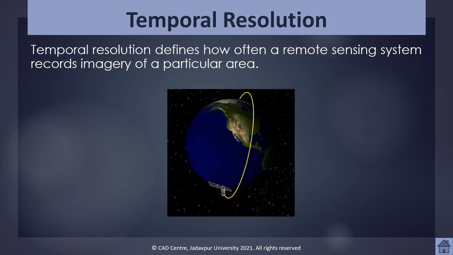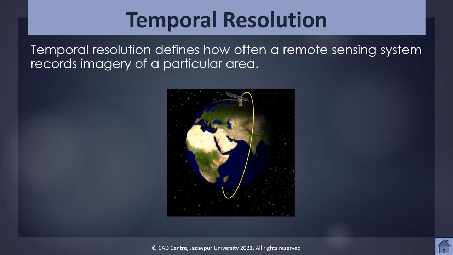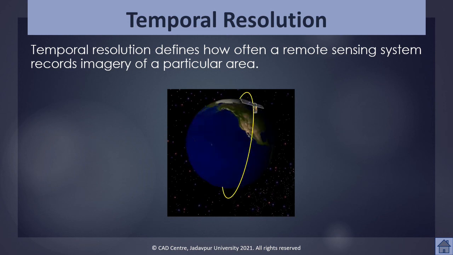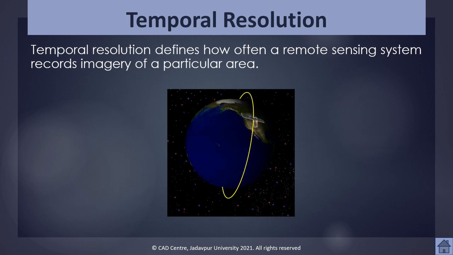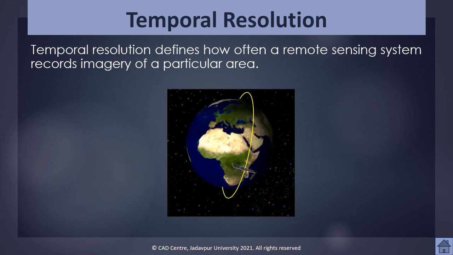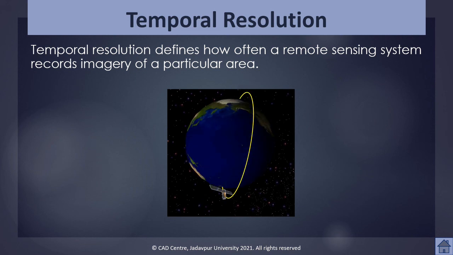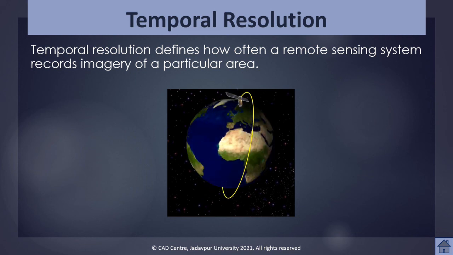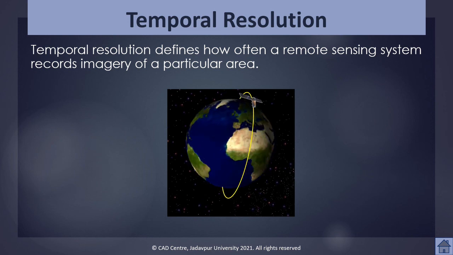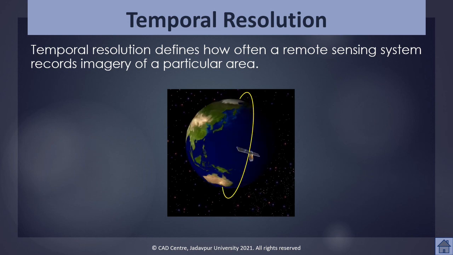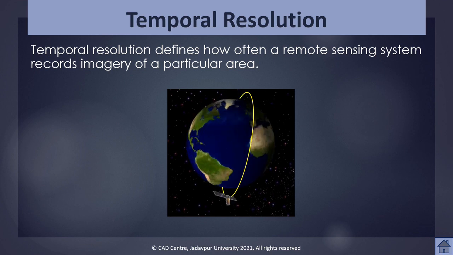In case of satellite sensors, in addition to these three resolutions, we also have another resolution associated with it, that is the temporal resolution. And the ability of the remote sensing system or the imaging system is basically evaluated based on their resolution characteristics.